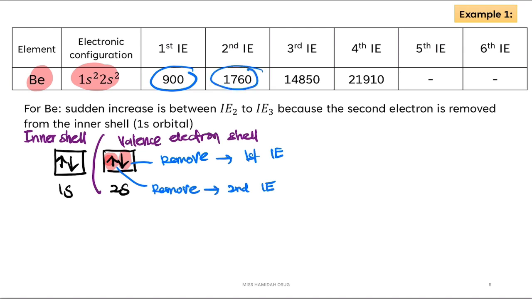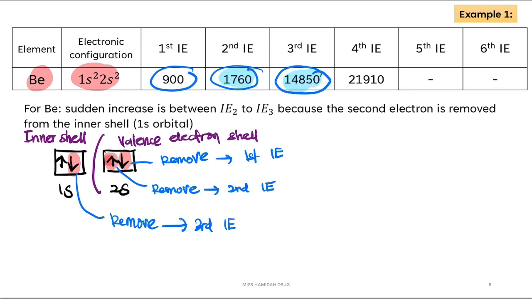Then the third electron is being removed from the inner shell, thus that becomes the third ionization energy with 14850 kilojoules per mole.